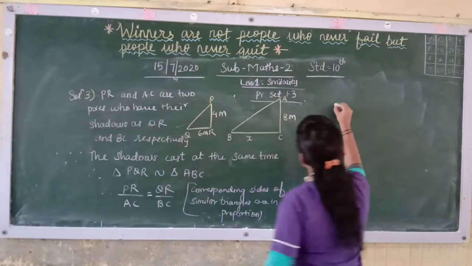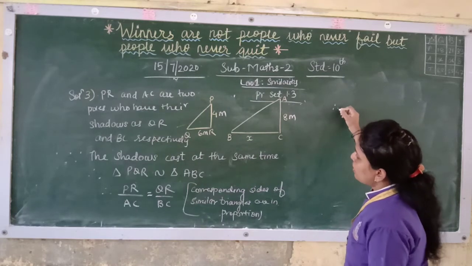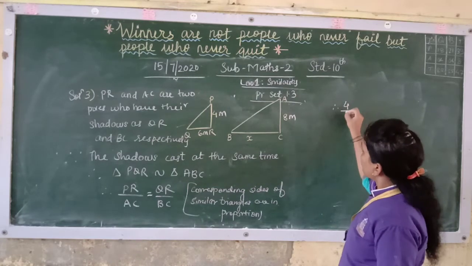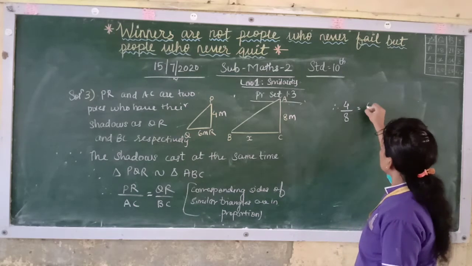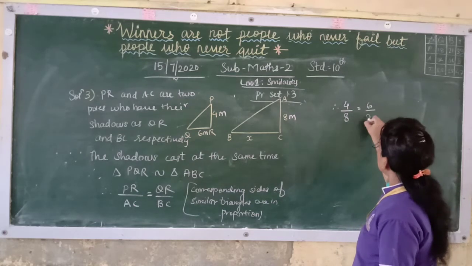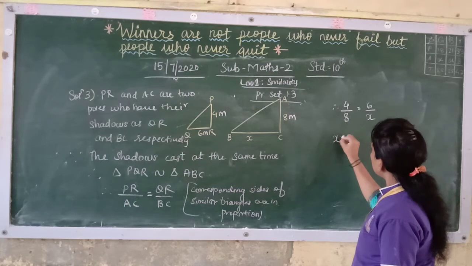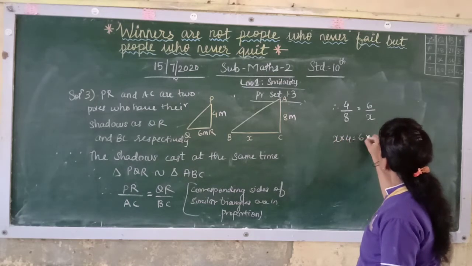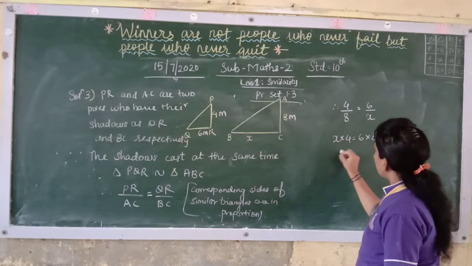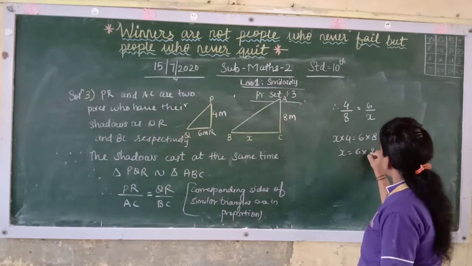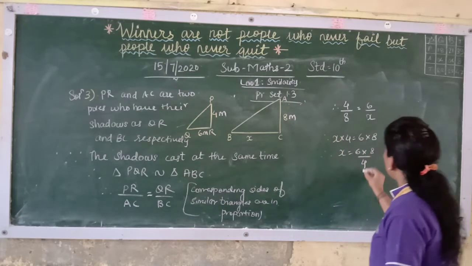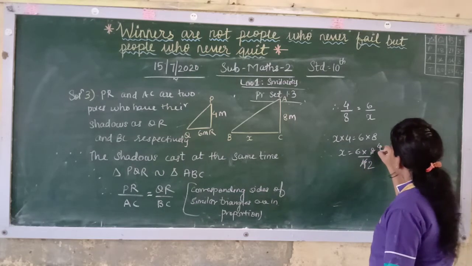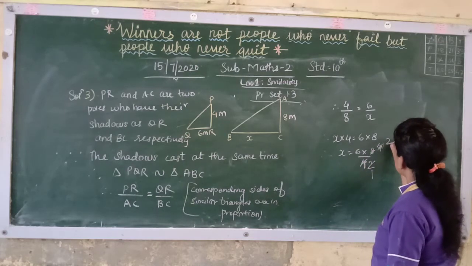Now how much is PR? It is 4. AC is how much? 8. QR is how much? 6. And here it is X. So here you will write X into 4 is equal to 6 into 8. So X is equal to 6 into 8 upon 4. 2 fours are 8, 2 ones are 2, 2 twos are 4.